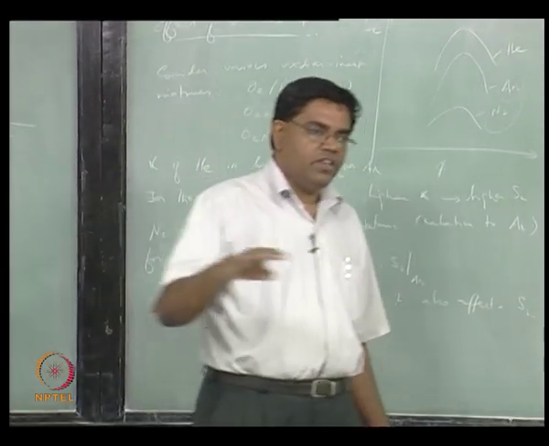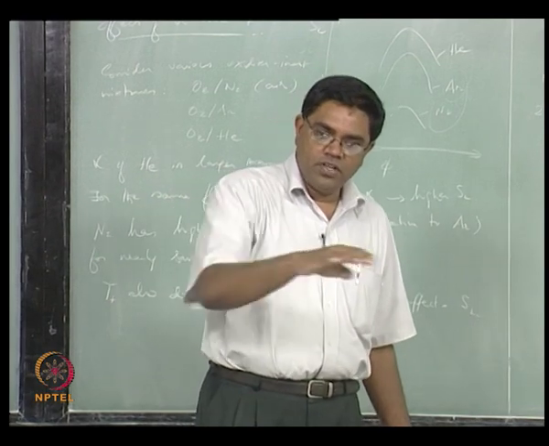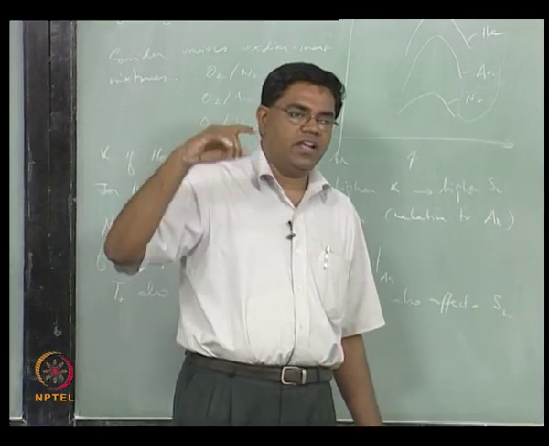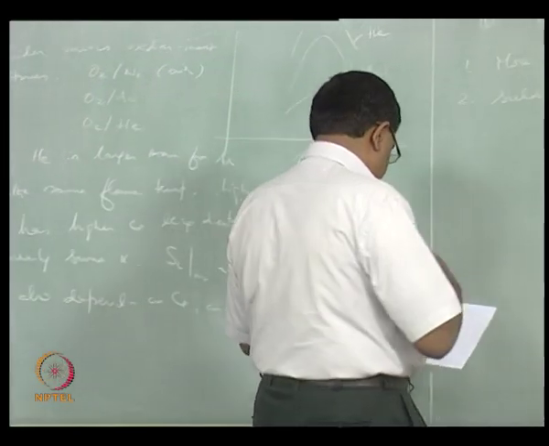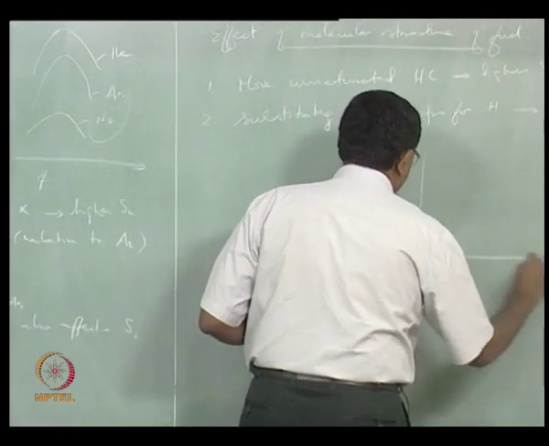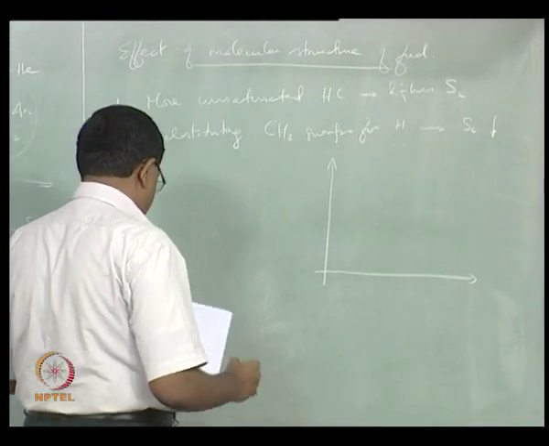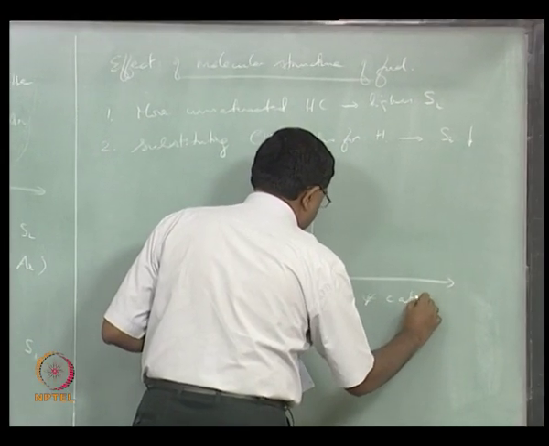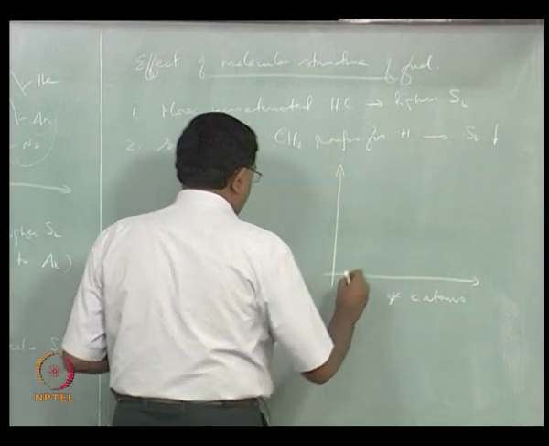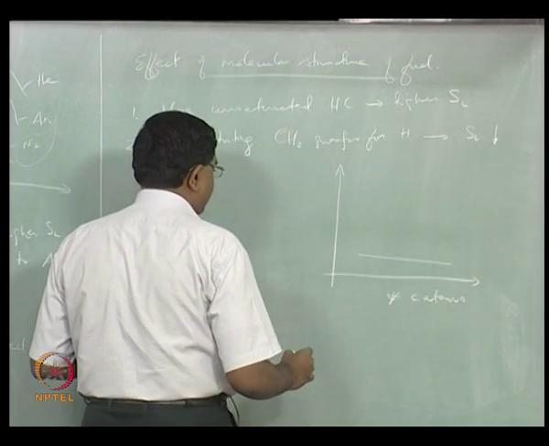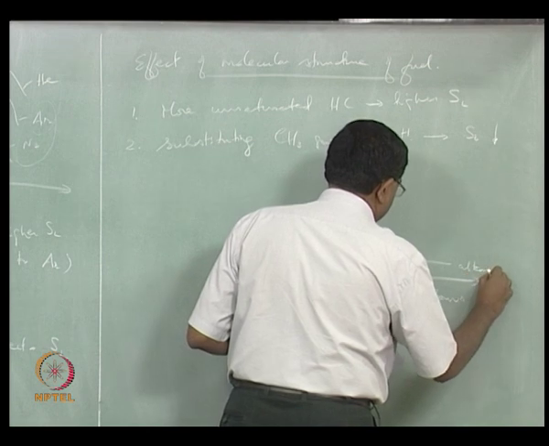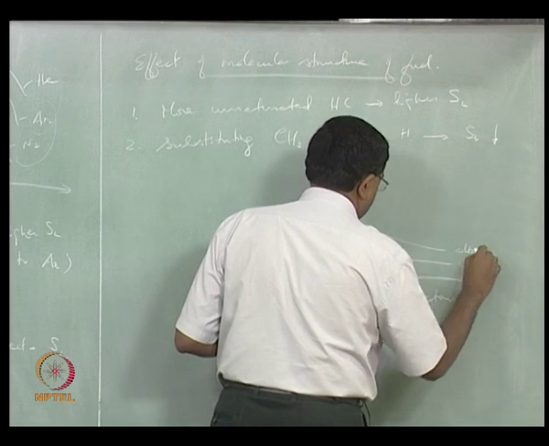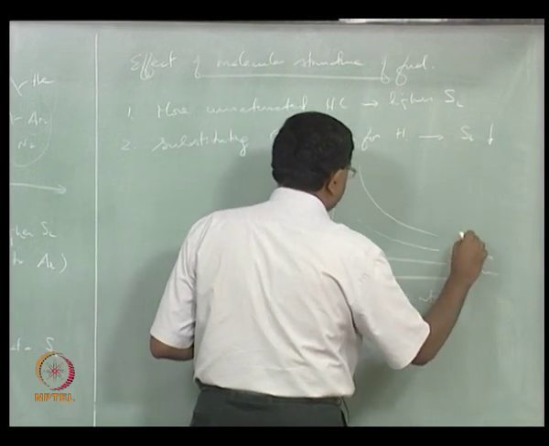Even if you have straight chains, as the number of carbon atoms increase the flame speed decreases, provided we are talking about alkenes and alkynes. In the case of alkanes there is hardly much of an effect. So if you look at the number of carbon atoms, you can look at a curve that looks like this for alkanes, a curve that looks like this for alkenes, and a curve that looks like that for alkynes.